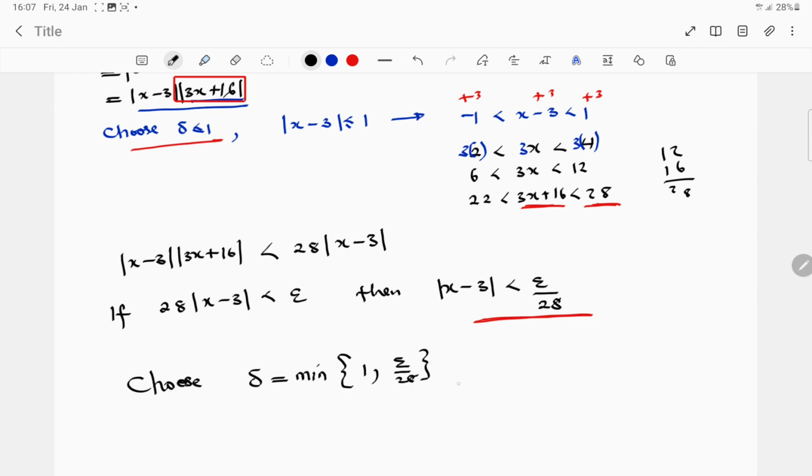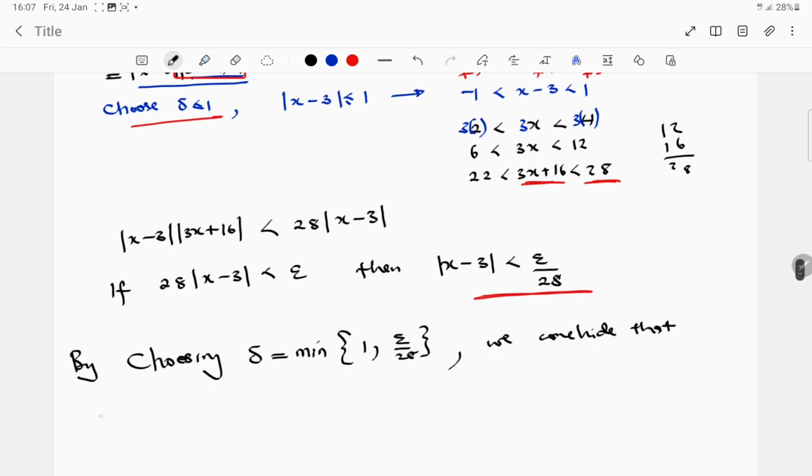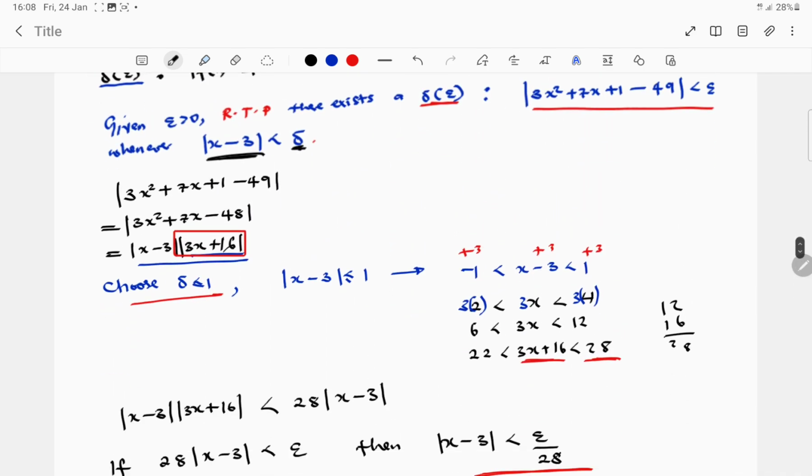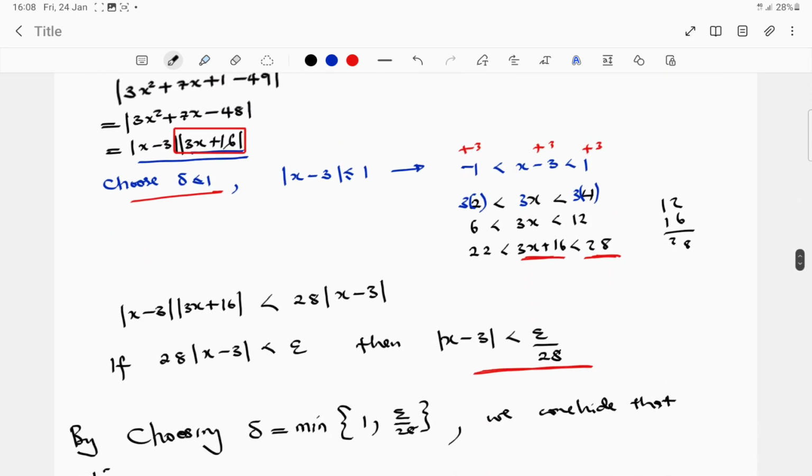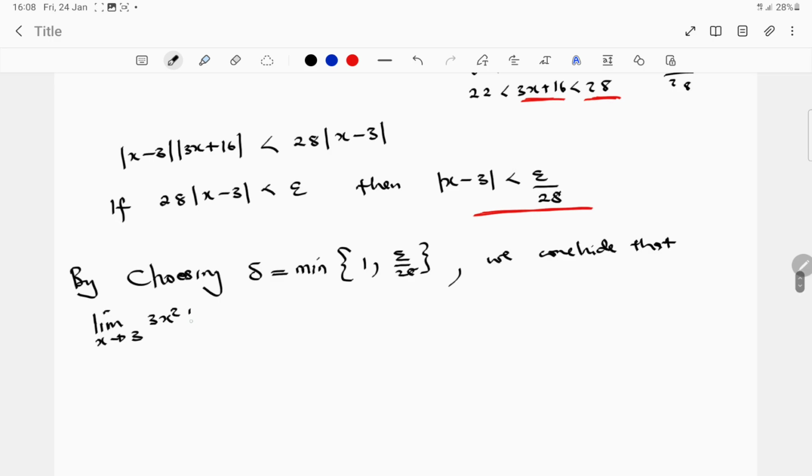After that choice, we conclude that the limit as x approaches 3 of 3x squared plus 7x plus 1 is equal to 49.